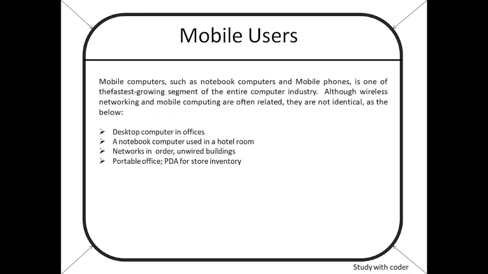Mobile users. Mobile computers such as notepad computers and mobile phones are one of the fastest growing segments of the entire computer industry. Although wireless networking and mobile computing are often related, they are not identical, as below.